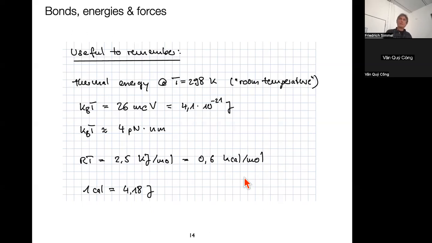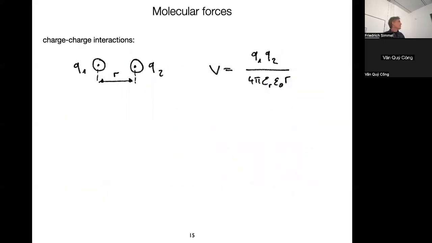Now, after this short overview of statistical mechanics, we are going to very briefly talk about molecular interactions. The point is that what we want to look at in the end is which molecular forces hold the DNA double helix together.